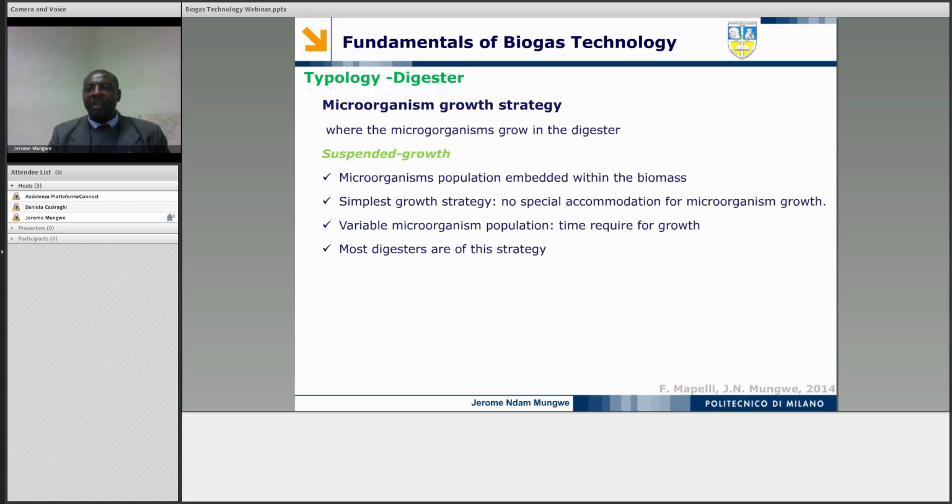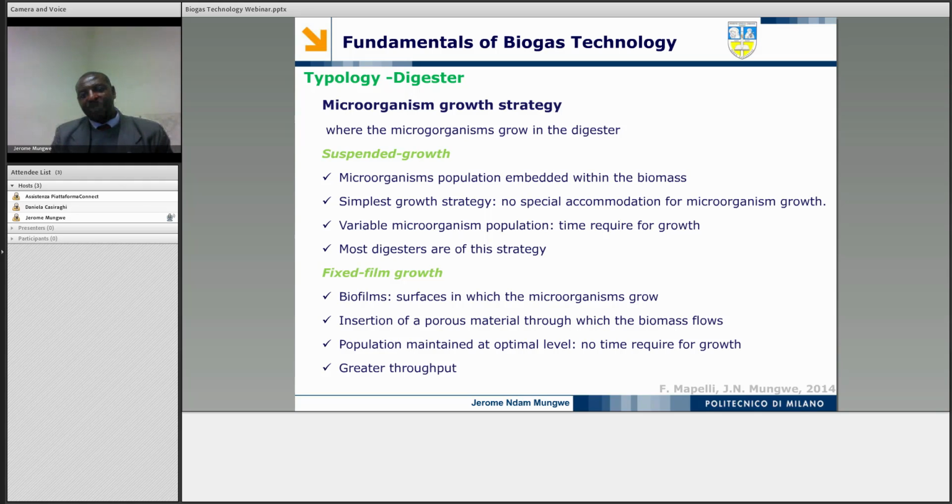No special accommodation is required for the growth of the microorganism. The population of the microorganism in the digester with this strategy varies with time. So it takes some time for the microorganisms to grow. Most of the digesters that we have in practice operate on this strategy of microorganism growth.